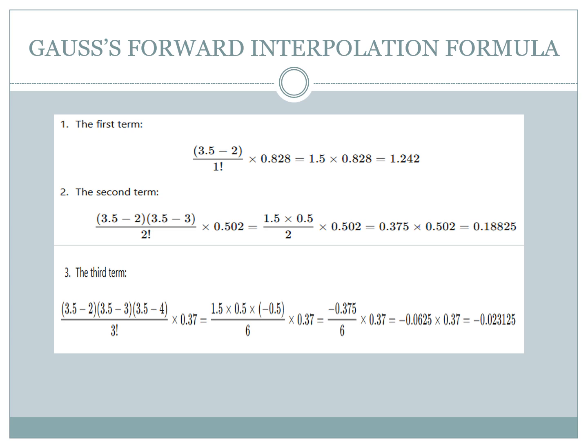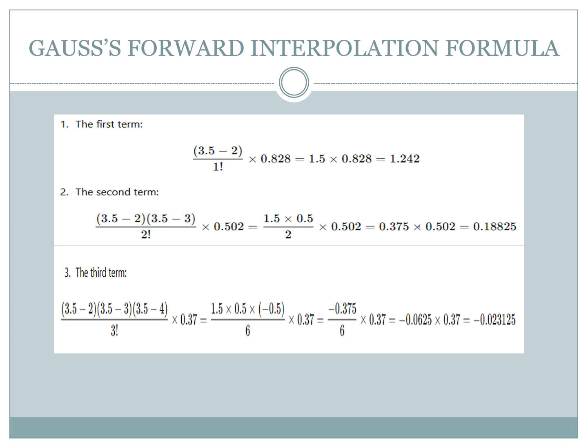Just we have to multiply these two, we get 0.18825. So then we have to find out the third term, that is 3.5 minus 2 is 1.5, and also 3.5 minus 3 is 0.5, 3.5 minus 4 is minus 0.5 divided by 3 factorial is equal to 6 into 0.37.